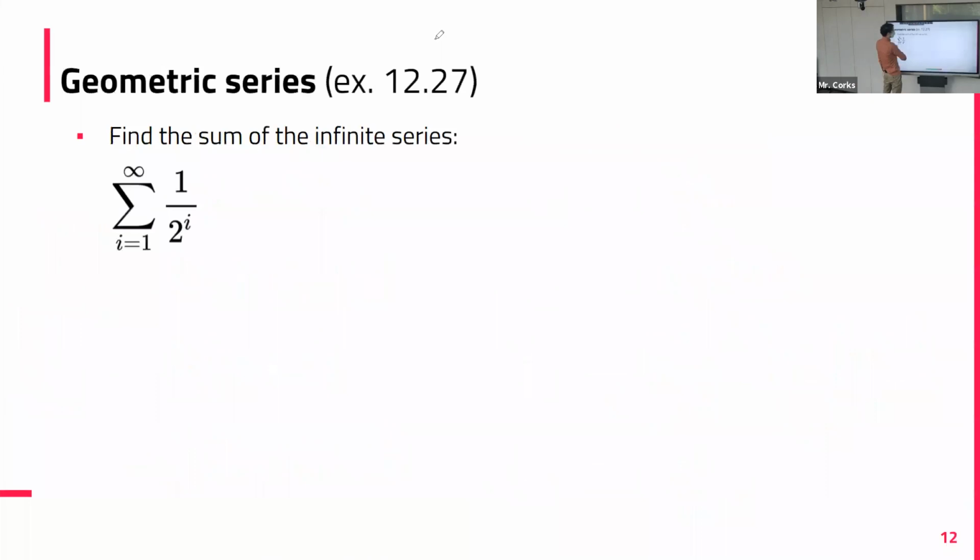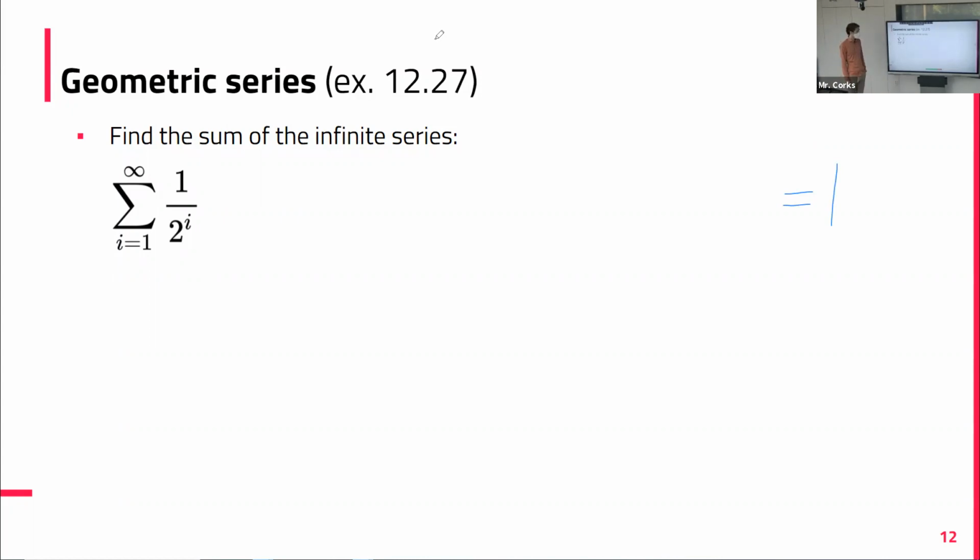All right, let's actually use that infinite sum formula. I have two examples. This is the first one. Tell me what this would be. Figure it out using that formula. Everyone agrees?